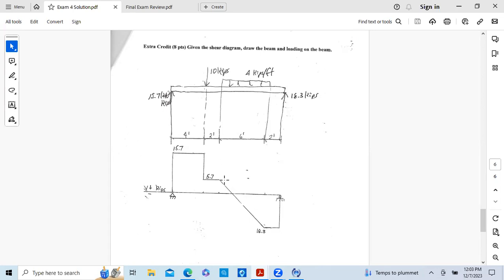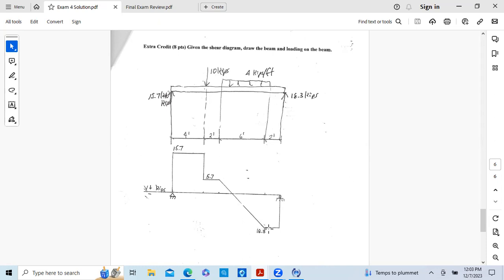So I'm dropping 24 kips from here to here. Well, 24 kips, if this is 6 feet, this distributed load must be 4 kips per foot. And so I draw the distributed load, 4 kips per foot. 6 times 4 is 24. That takes me down to here.